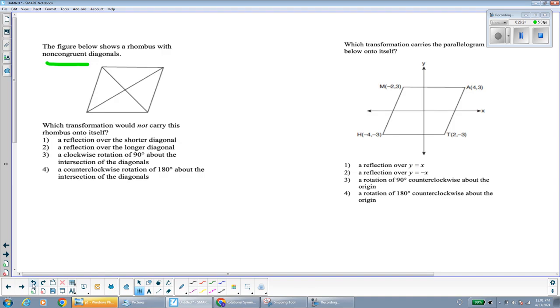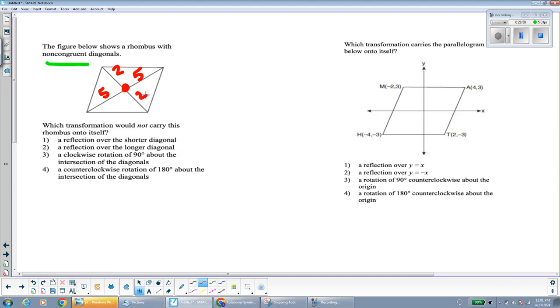Number 3 says a clockwise rotation of 90 degrees about the intersection of the diagonals. So 90 degrees. Let's give these diagonals values because we know it's a rhombus with non-congruent diagonals. So let's say this diagonal had a piece that was 5 and 5 to make 10, and this diagonal had a piece that was 2 and 2 to make 4.